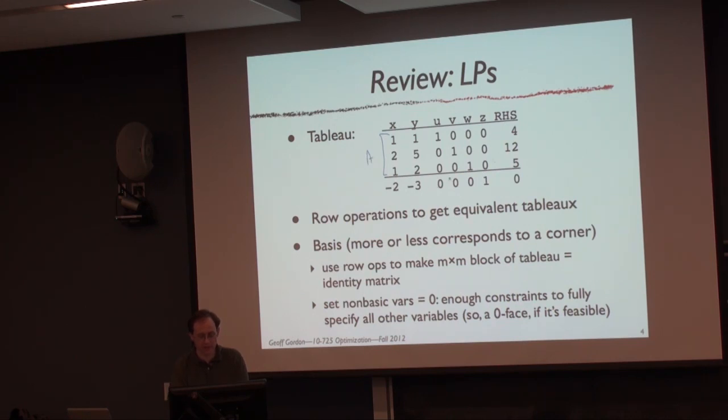This is the B vector here, right? So the A matrix is here, the B vector is here, and then this here is minus C, right? And you can incorporate the objective into the Tableau by having an extra variable z that's constrained to equal the objective.